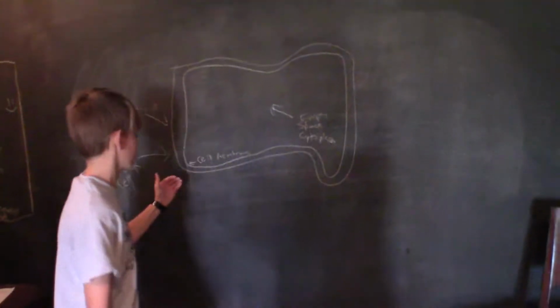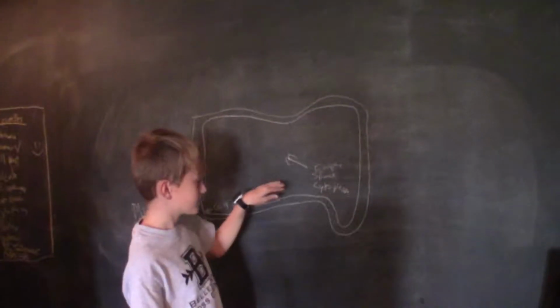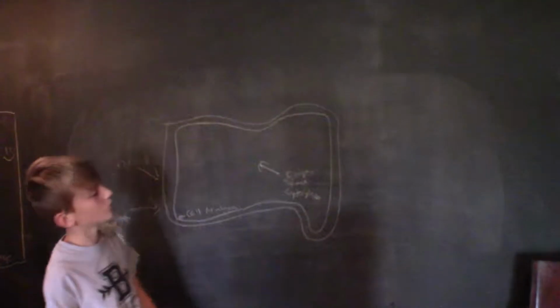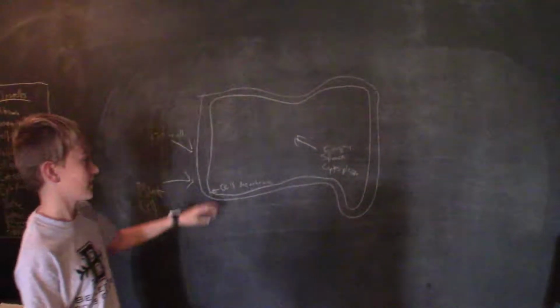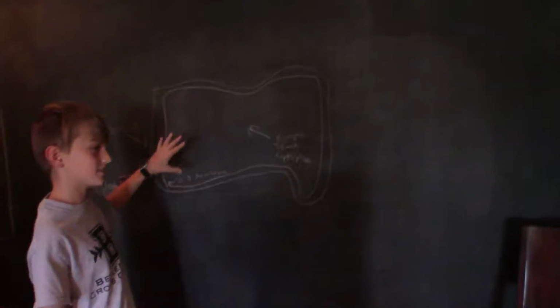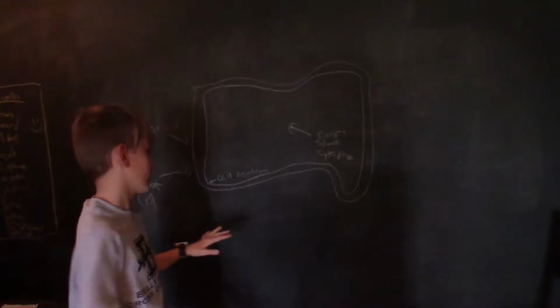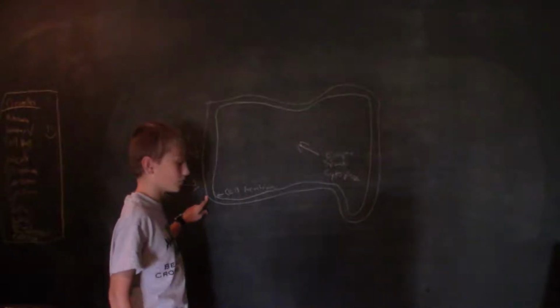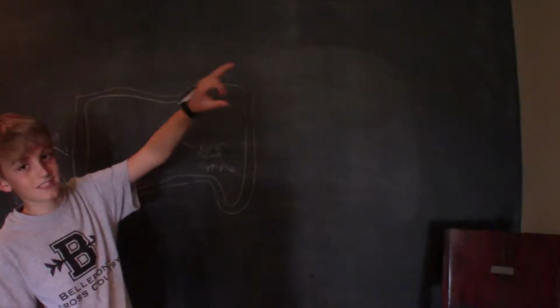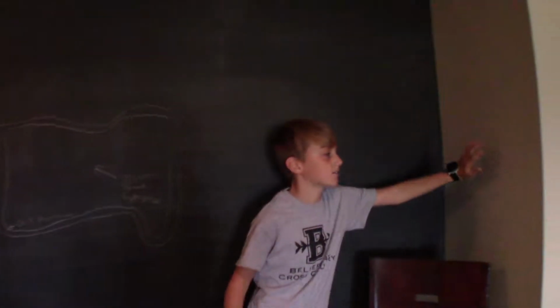So, this is what a base plant cell looks like without all the stuff inside. If this plant cell was blown up to be like this room, the cell wall would be like the bricks outside of the house. The cell membrane would be like the siding wall right here.